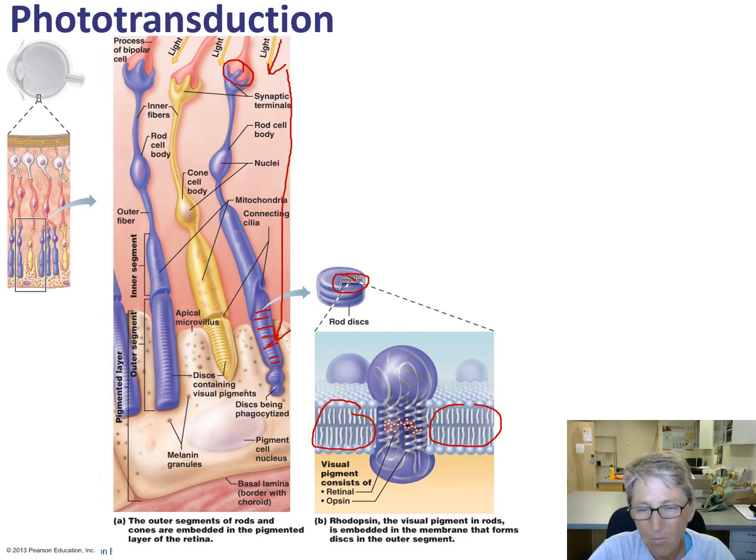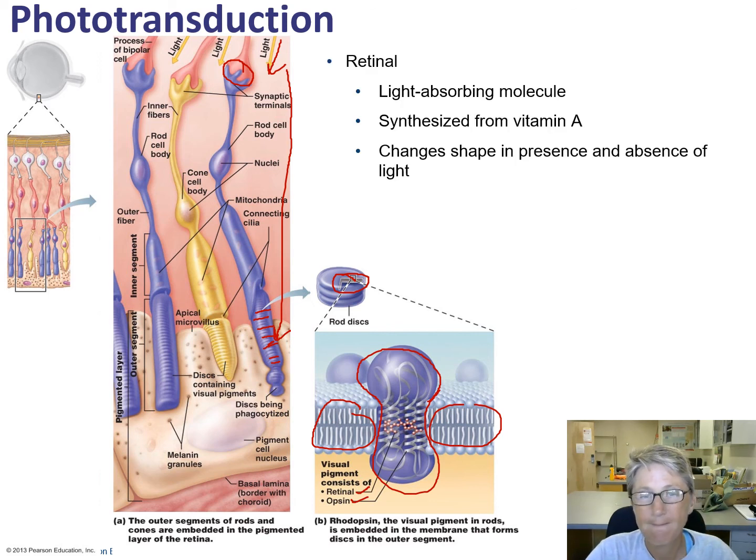But anyway, within the phospholipid bilayer, you have this molecule called rhodopsin. This big purple molecule is called rhodopsin. It's a visual pigment, and it consists of one part called retinal and another part called opsin. So retinal plus opsin equals rhodopsin.